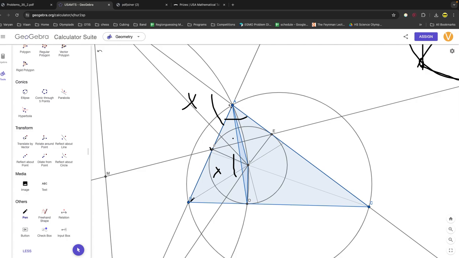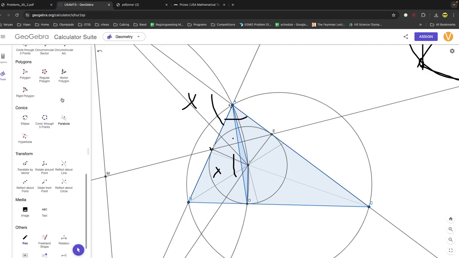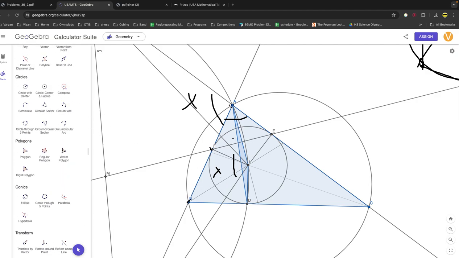I used this to help draw my diagram, because I don't know if there's an in-center function, but look, BI, CI, and these angle bisector means the line that divides this whole angle into two equal parts, right?